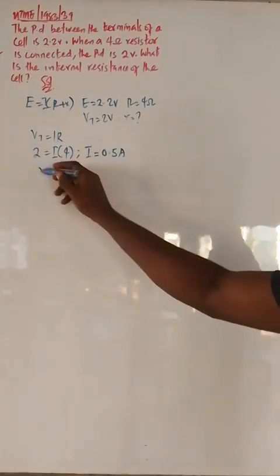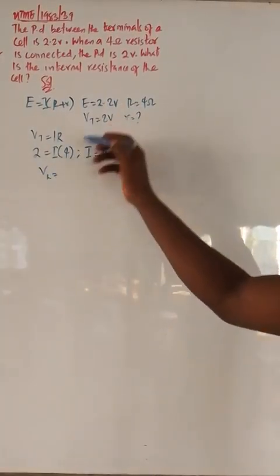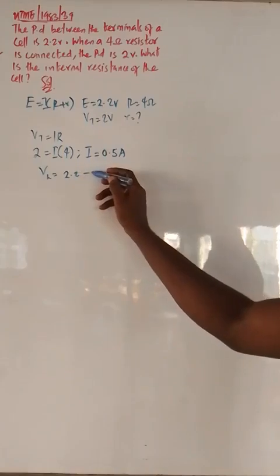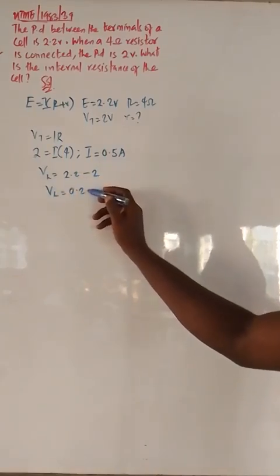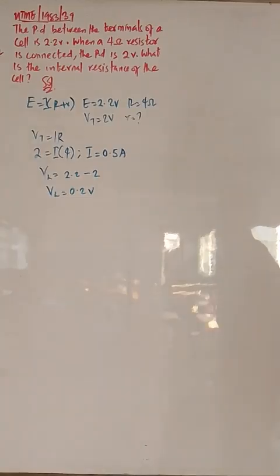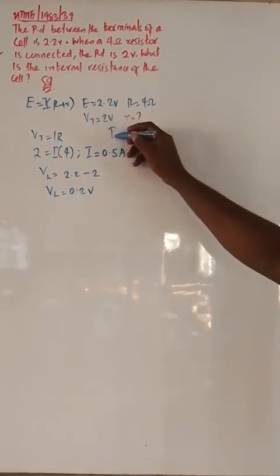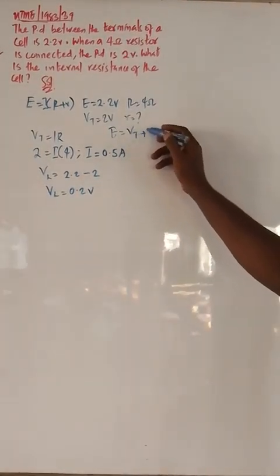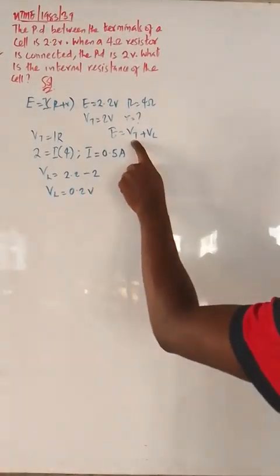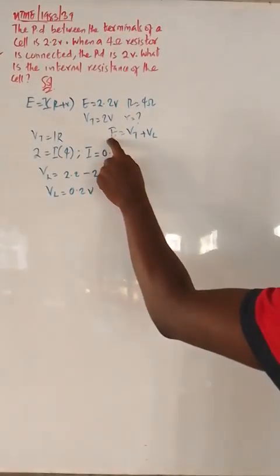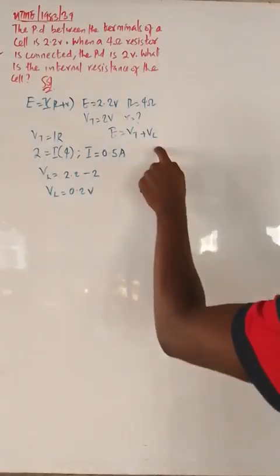So the lost voltage equals 2.2 minus 2, which is 0.2 volts. How do I get that? Recall that EMF equals terminal voltage plus lost voltage. So this 2 volts is the terminal voltage, 2.2 is the EMF, and when you subtract, you get the lost voltage.